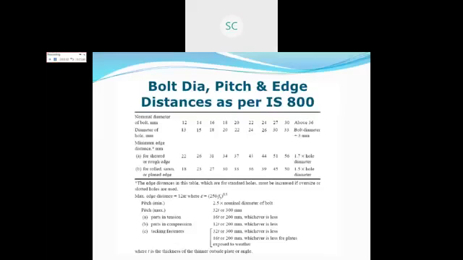Knowing that most of the students are not referring to this code properly, or are not understanding it step by step, I suggest they go through the design of steel structure by the limit state method by IS 800 2007.